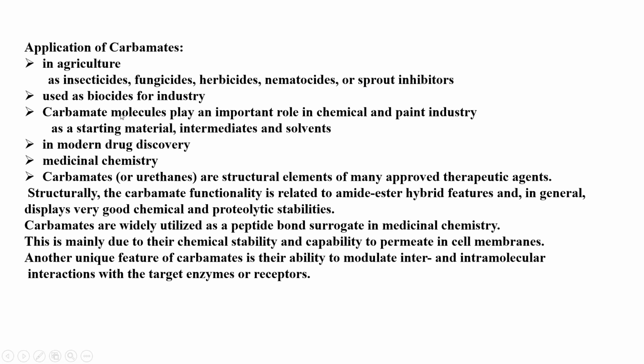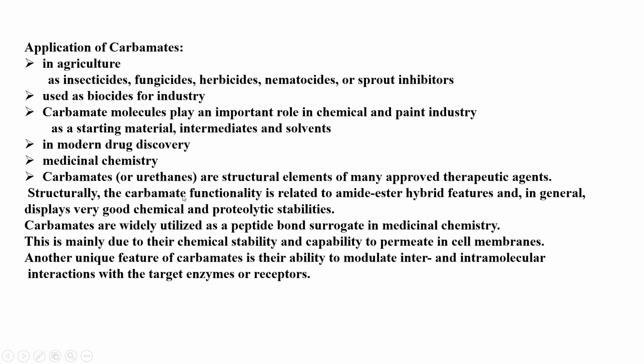Also, carbamate molecules play an important role in the chemical and paint industry as a starting material, intermediate, and solvents. And also in modern drug discovery and medicinal chemistry, carbamates are structural elements of many approved therapeutic agents and also pharmaceutical tools.